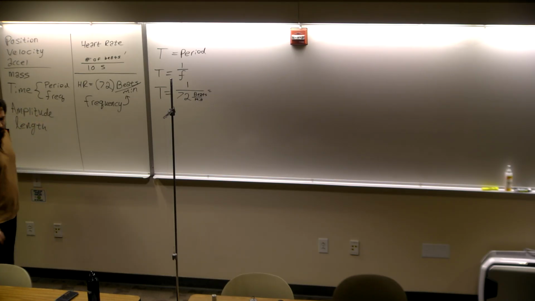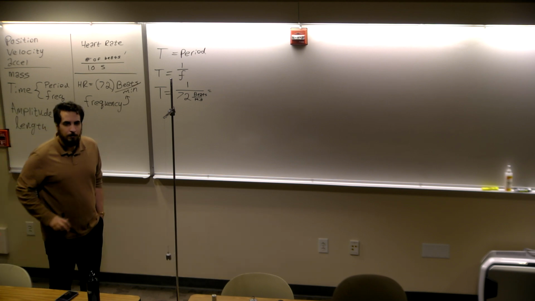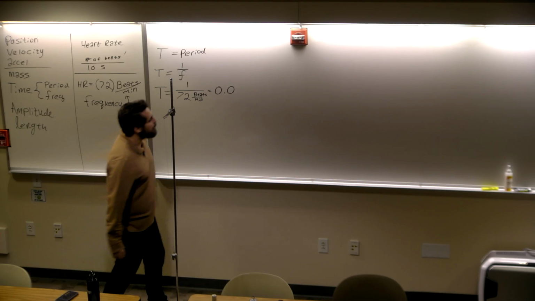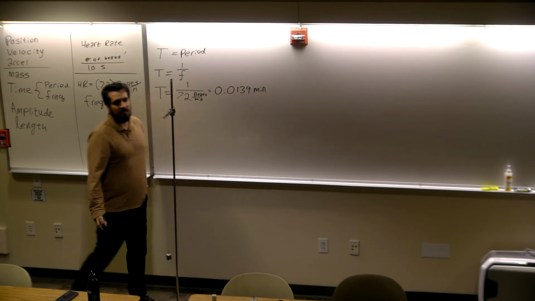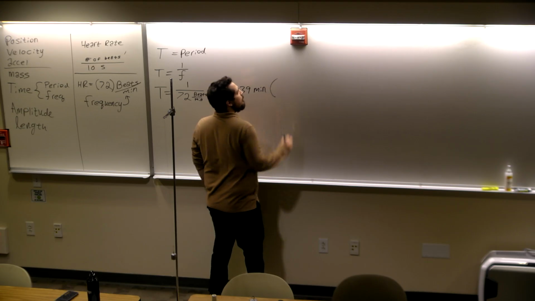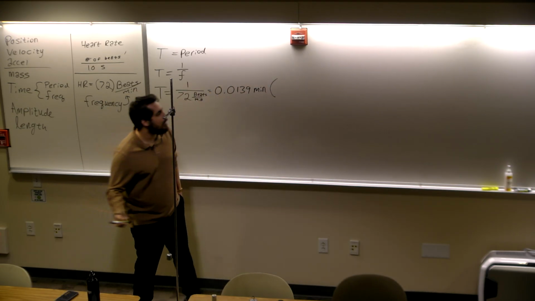You calculate this up and, for everybody in here, we have different heart rates. Certainly if it was 72 beats per minute, you would end up with 0.0139 minutes per beat. In other words, 0.0139 minutes occurs between each beat. This is not a useful measurement of time, though, a hundredth of a minute. So instead, let's convert this to seconds, something more of the scale of our heartbeat, right?